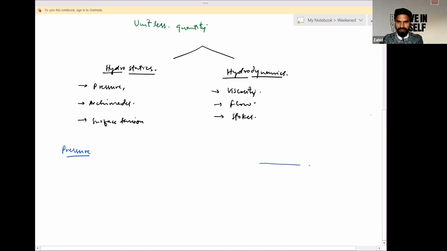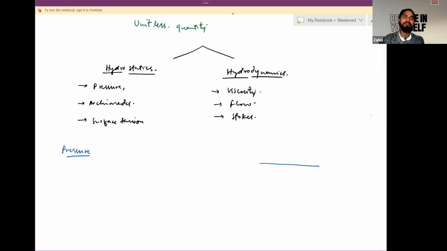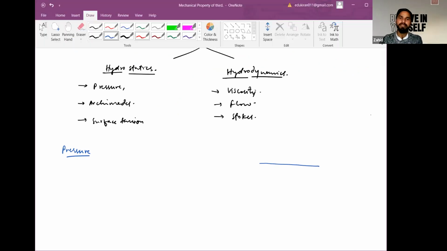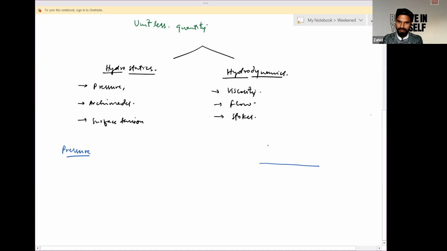Suppose you have a surface like this, and force is applied on this particular surface at different inclinations. Let's say a force is along this direction, another along this direction, another along this direction, and so on.